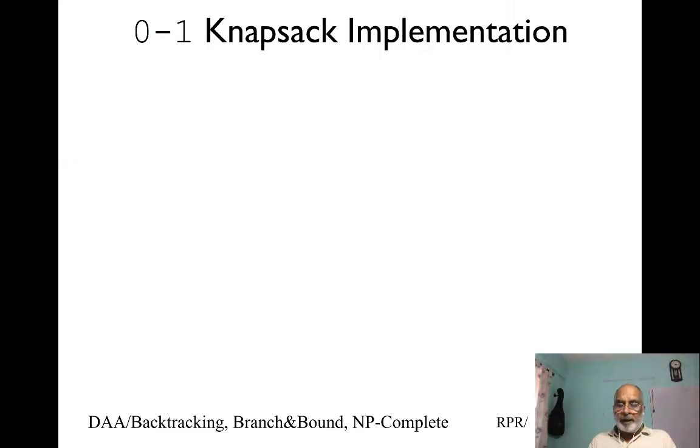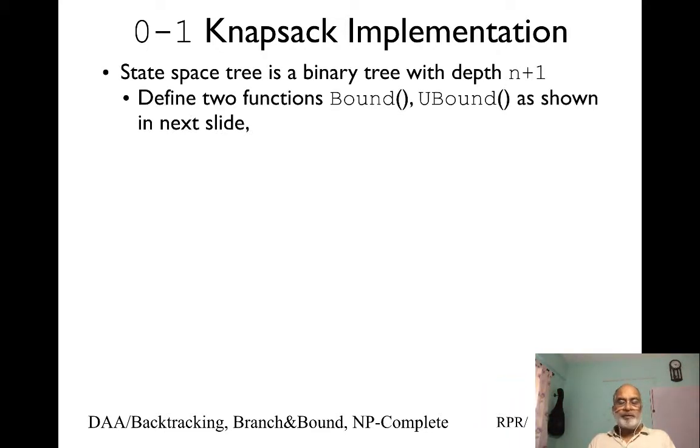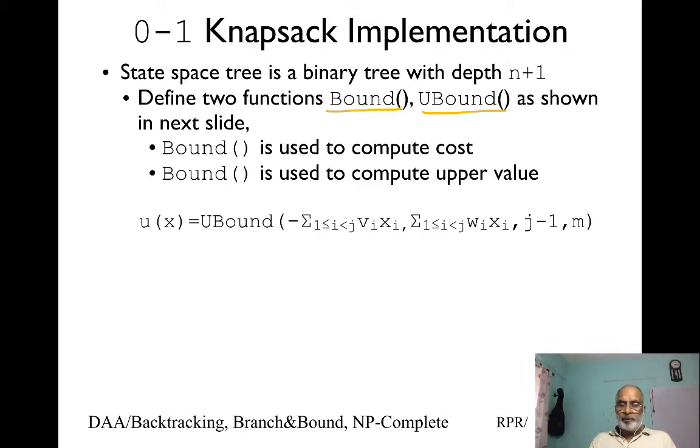Now we have explained how to compute Cx and Ux, but mathematically if you look at the programs, we can write two functions. Bound would be used for cost and upper bound would be used for the upper bound, and we take values as negative, so they are defined in the next slides as below.